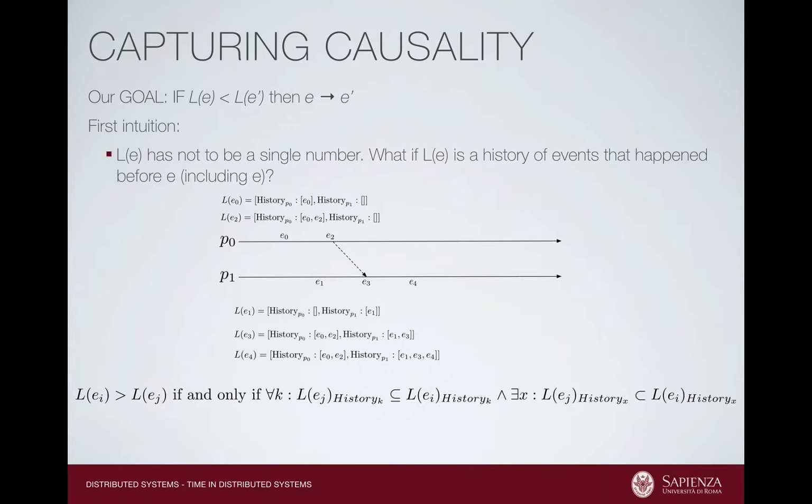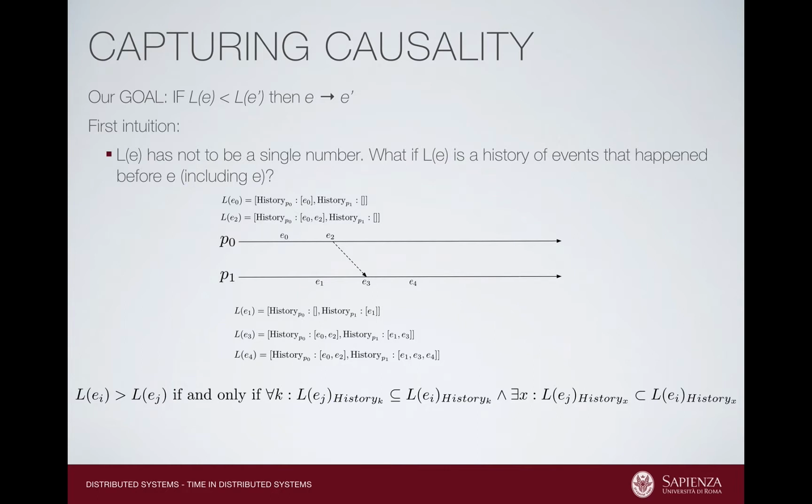I say that one timestamp is greater than the other if for all histories, when we extract the history, the timestamp of the smaller event contains histories that are a subset of the greater timestamp, and then there exists a history that is a proper subset.